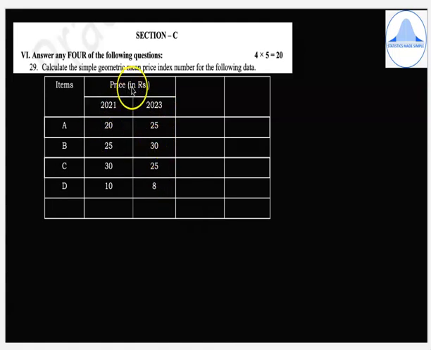So first let us mark the prices in 2021. So 2021 is the base year. So the prices will be marked as P0, and 2023 is the current year. So the prices in the current year are denoted by P1. Now let us first write the formula for the simple geometric mean index number. The simple geometric mean index number is also called as the unweighted geometric mean index number.